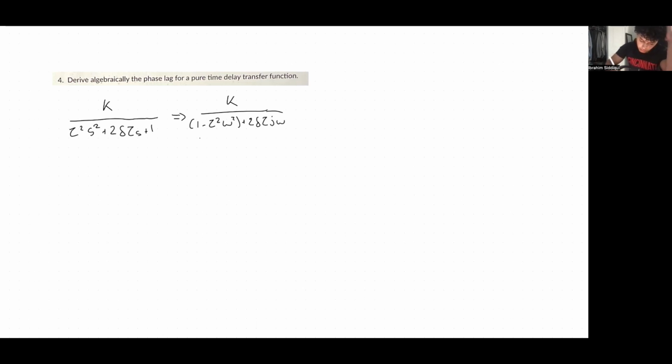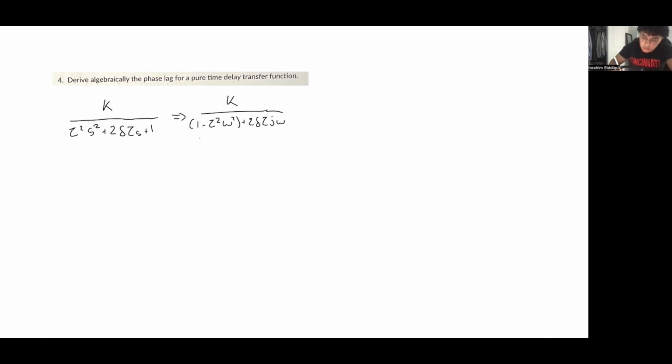Okay, distributing this out, specifically our denominator, we're going to multiply our denominators out, as well as calling in our complex conjugates.